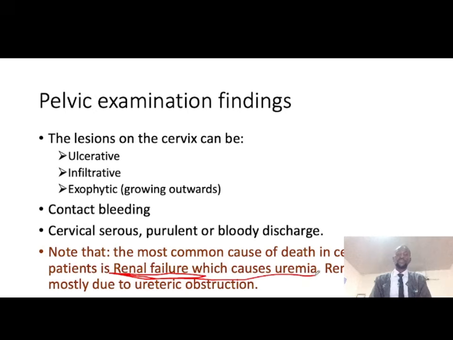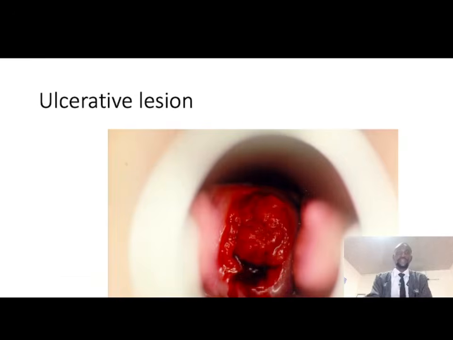As it reaches the pelvic walls, it will obstruct the ureters, and therefore it is going to cause hydronephrosis and renal failure, which will lead to uremia. So renal failure happens mostly due to ureteric obstruction. Other common causes of death include anemia and infection. Those are the most common causes of death as a result of cervical cancer.